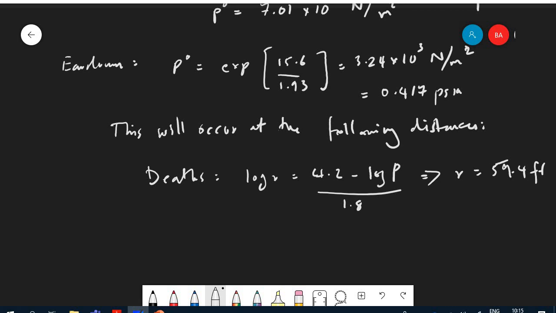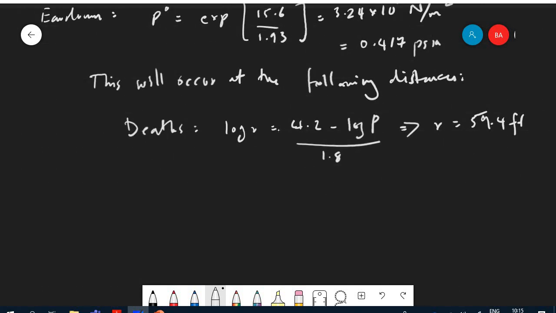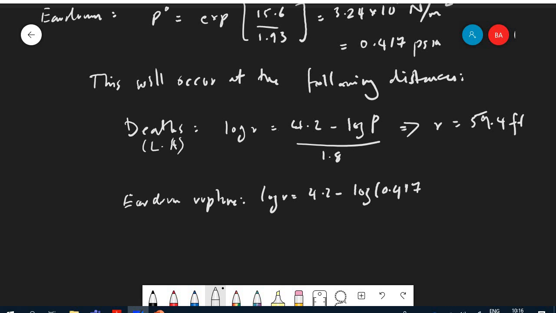So now we know the radius, and I forgot to say here that this depth is only from the lungs hemorrhage, right? It's not any depth. And then we have the eardrum rupture. Very similarly, log R is equal to 4.2 minus log 0.47. That's the 0.417 that we already obtained.